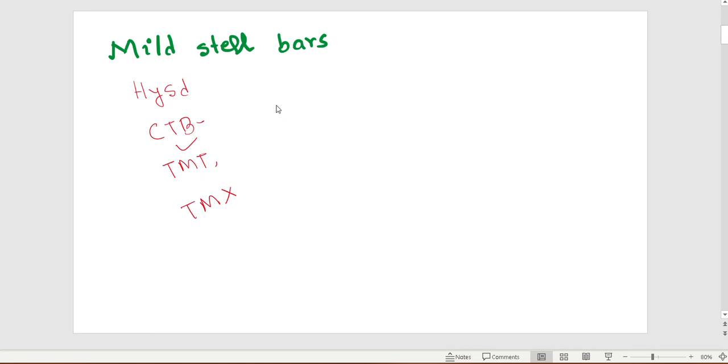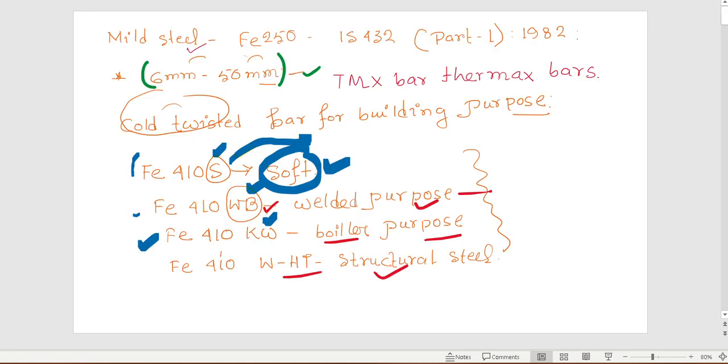Now let us discuss all of them. The cold twisted bars are used for building purposes, and TMT bar is a thermomechanically treated bar.